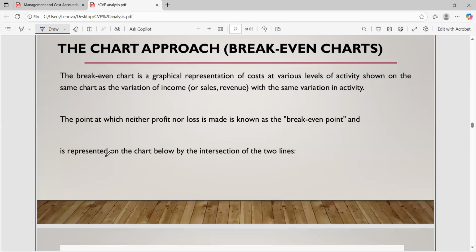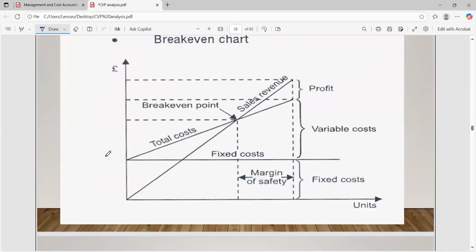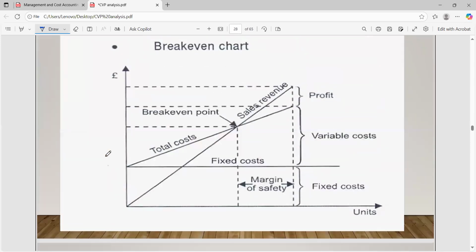So after the question, we are going to draw this chart. So this is the representative of the break-even point. You always know that total fixed cost will not start from point zero. This is point zero, where the two lines meet. Now, total fixed cost would never start from zero. So once fixed cost will not start from zero, it means that your total cost line cannot start from zero.